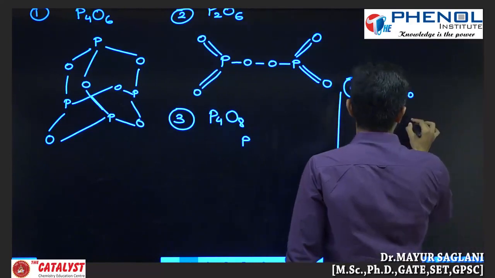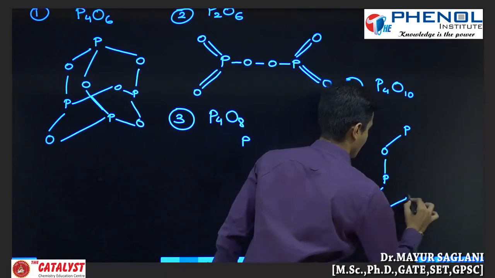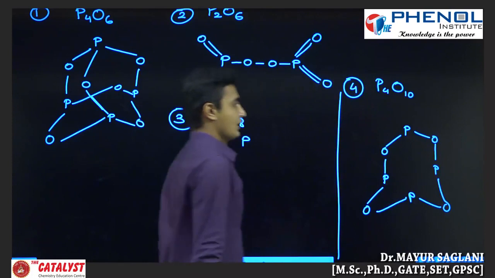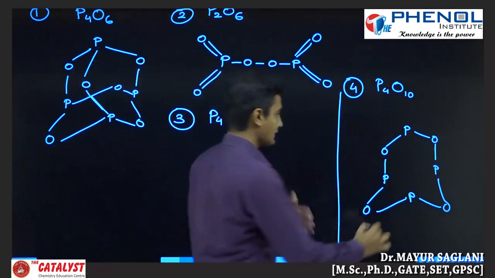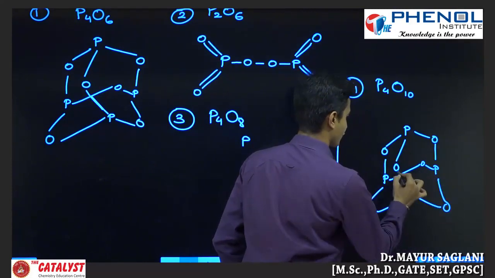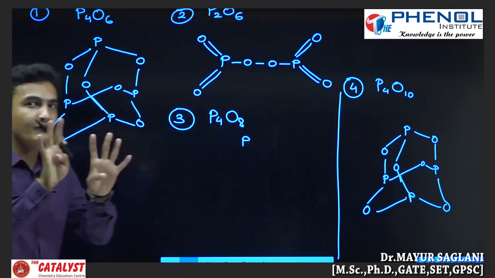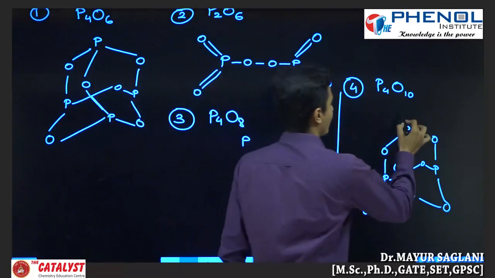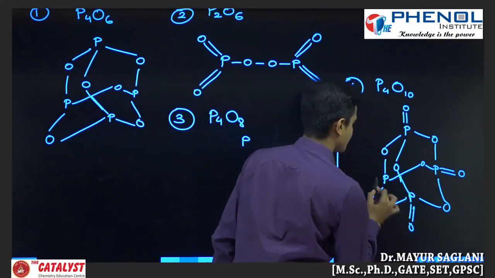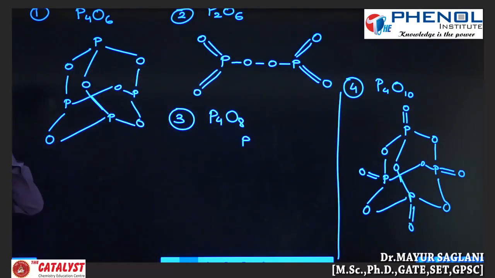There will be the same structure, P O P O P O P O. Now I will put 2 bridge oxygen atoms, that is oxygen and phosphorus, and that is oxygen and phosphorus. Now there are 4 extra oxygens, bonded with all 4 phosphorus atoms with a double bond O. So, a simple structure.